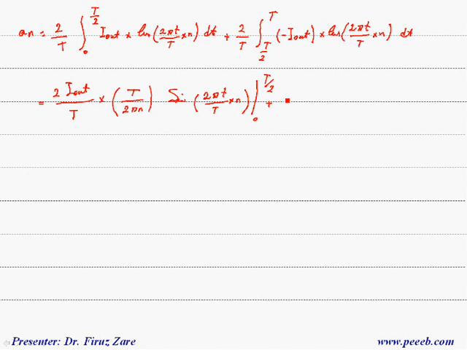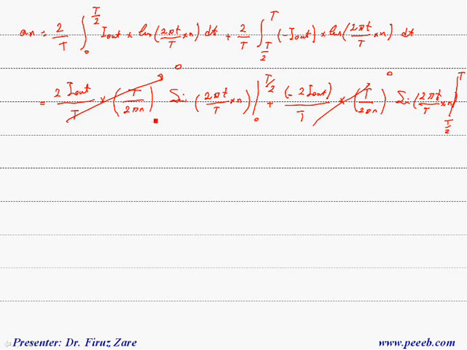That means we have minus 2 I out over T times T over 2 pi n, and the integral of cosine is sine, which is sine 2 pi t over T times n, and the limits of integral are T over 2 up to T.